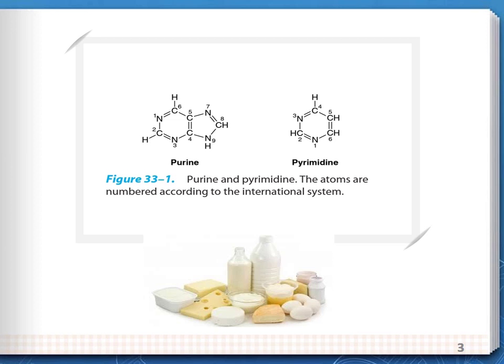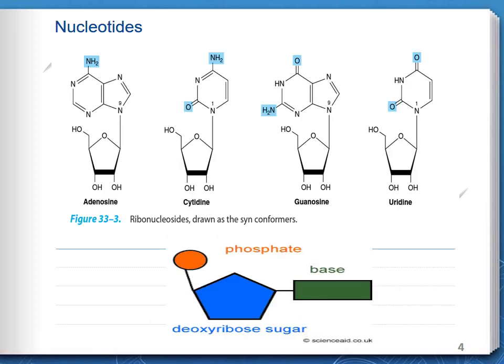Slide number 4 represents the nucleotides present in DNA and RNA. We have 4 nitrogen bases conjugated with sugar and conjugated with a phosphate group.